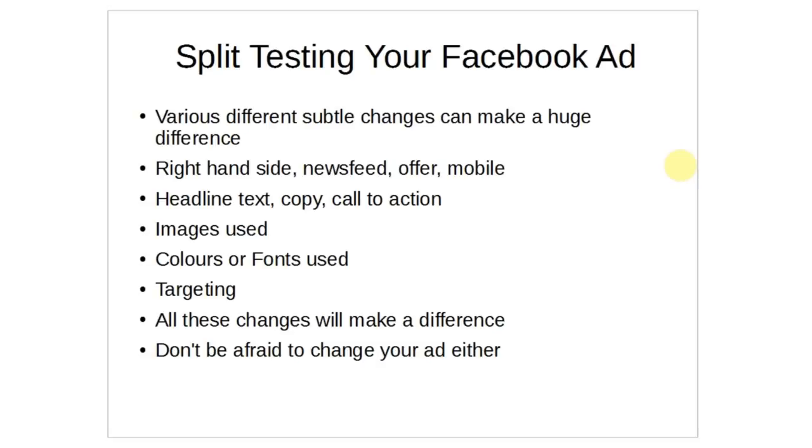Also, the other thing to bear in mind is, don't be afraid to change your ad when it's running. Perhaps you've done all your split testing and decided which ad you're going with, and then it gets great results for 4, 5, 6 days, and then you notice it's starting to taper away and it's not being quite as effective.